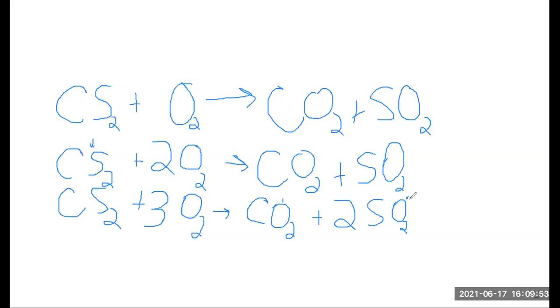So once it's fully balanced, I have 1 CS2, 3 oxygens, 1 CO2, and 2 sulfur dioxides. I just randomly picked a place to start. You can start wherever seems the most logical, and then you tinker back and forth in order to shoot for having a balanced equation.